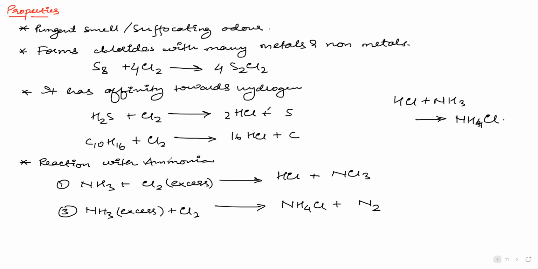Now we are done with the reaction with ammonia. Next is the reaction with NaOH, and there are again two reactions. You can have NaOH which is cold and dilute, or NaOH which is hot and concentrated.